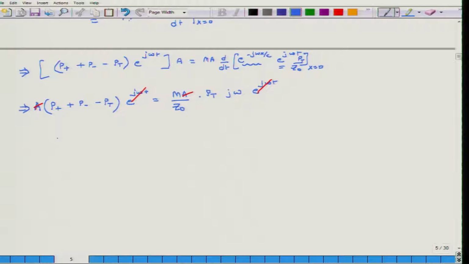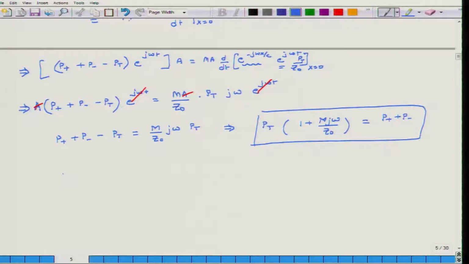So, I get P plus plus P minus minus Pt is equal to m over Z naught j omega Pt, okay, which gives me, now, Pt into 1 plus m j omega over Z naught, is equal to P plus plus P minus. Okay.